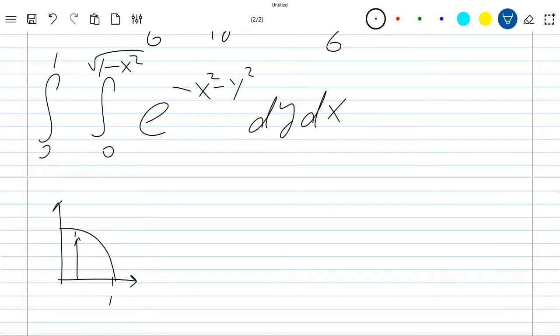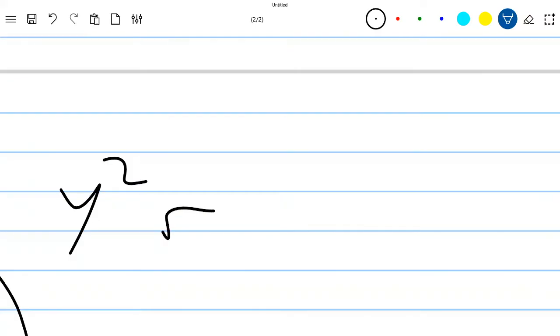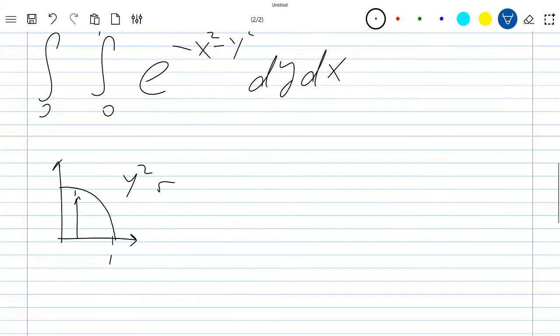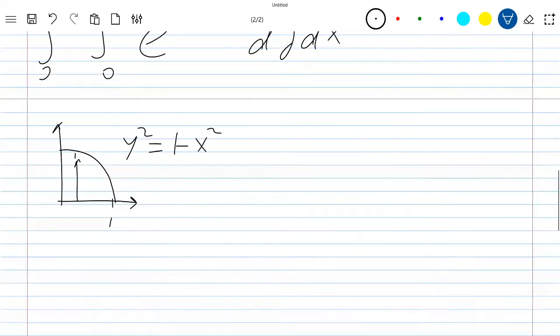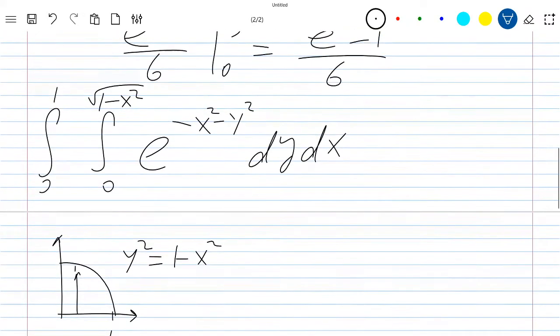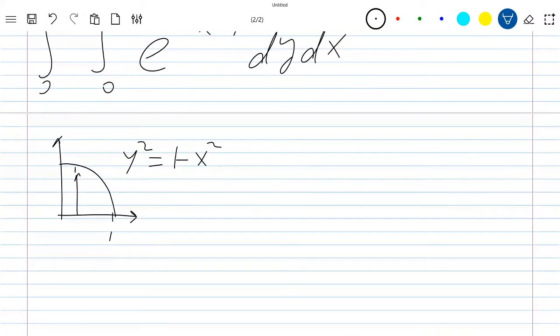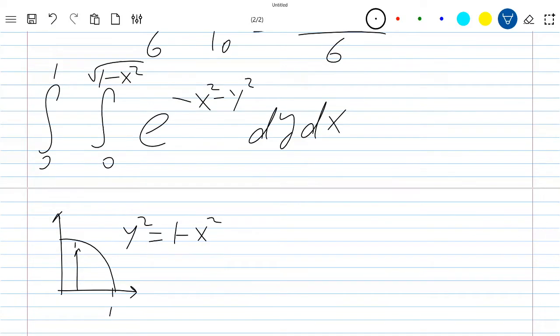Obviously it's a circle, because y squared equals 1 minus x squared, and it's in the first quadrant.